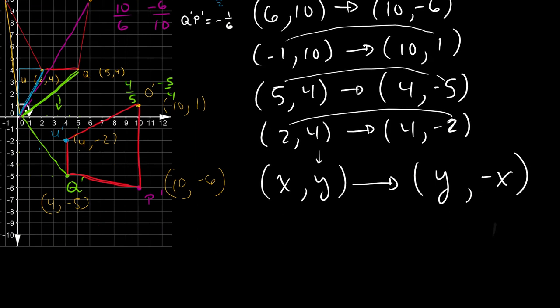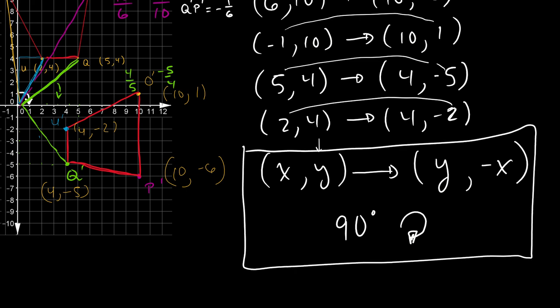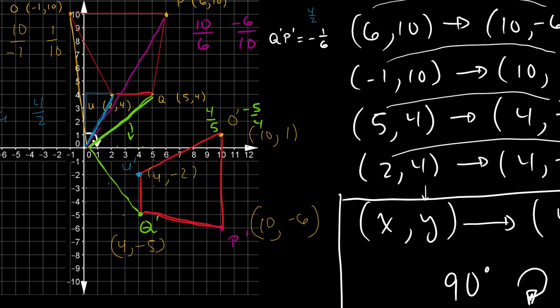So if I want to do a 90-degree rotation, right, clockwise about the origin, this is a rule that will map those points. Now, I never want you to try and memorize those rules, but if it turns out you've got to do a lot of those mappings, it's way quicker to just think about this, come up with the rule, and then apply that rule again and again.